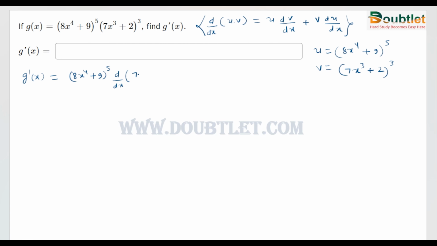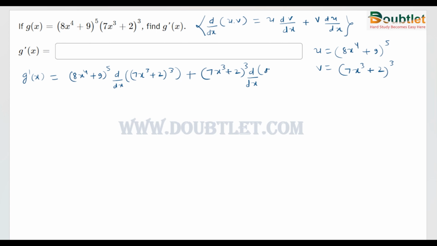So v is (7x^3 + 2) whole power 3. And then we will assume v as constant, so it will become (7x^3 + 2)^3, and we will differentiate u with respect to x.